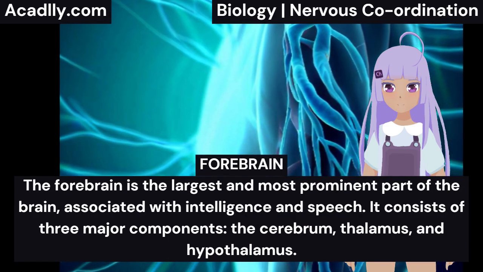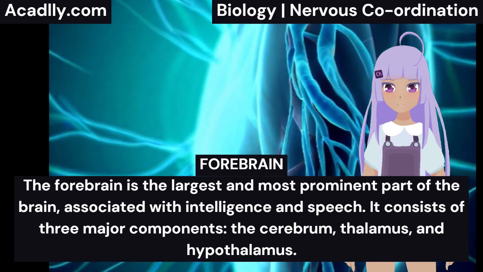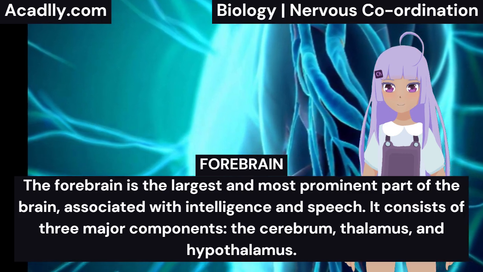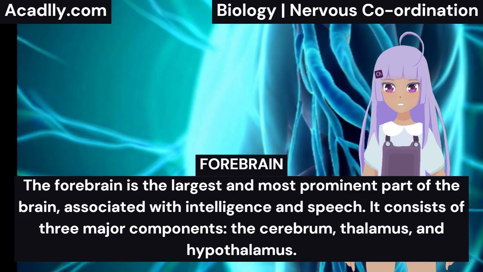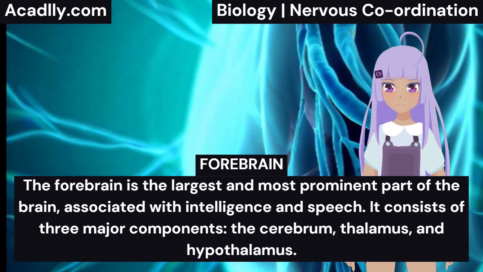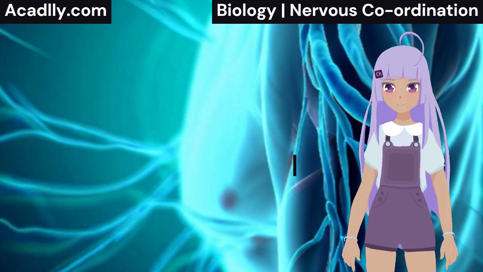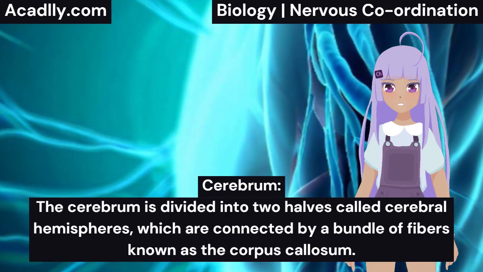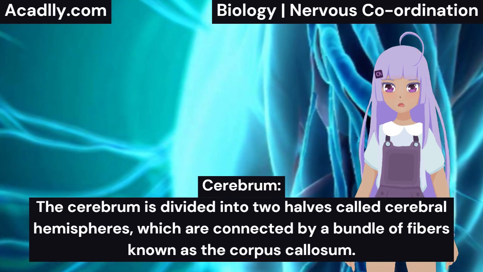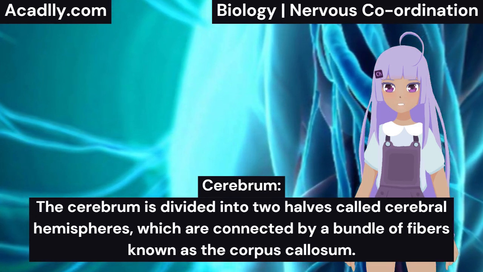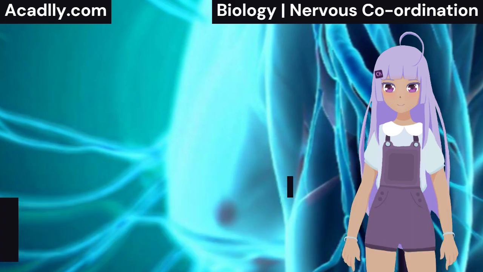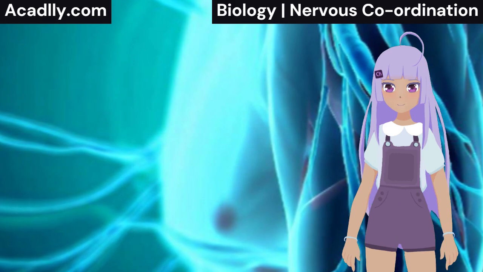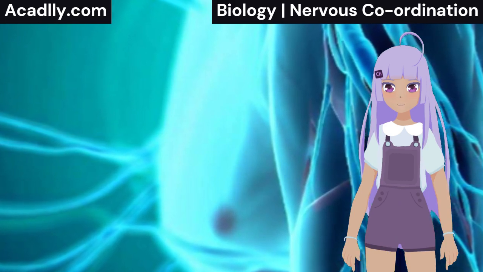Forebrain. The forebrain is the largest and most prominent part of the brain, associated with intelligence and speech. It consists of three major components: the cerebrum, thalamus, and hypothalamus. Cerebrum. The cerebrum is divided into two halves called cerebral hemispheres, which are connected by a bundle of fibers known as the corpus callosum. Each hemisphere is further divided into four distinct lobes: frontal, parietal, temporal, and occipital.